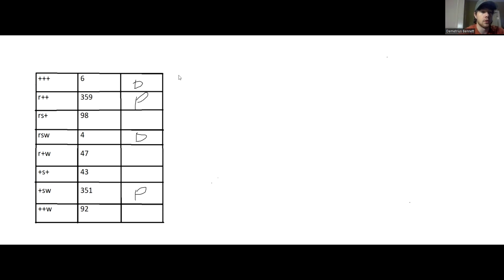So the first parental is going to be plus R plus. And then the rest of these that aren't the parental or double crossover, these are all your single crossovers. I'm just going to put an S by them, so we remember that those are all the single crossovers, and we're going to be using them for the next part of the problem.